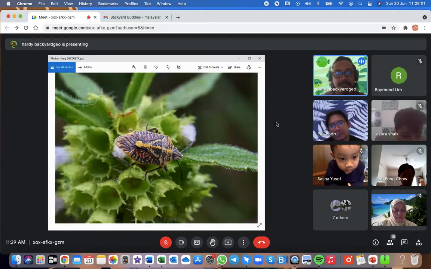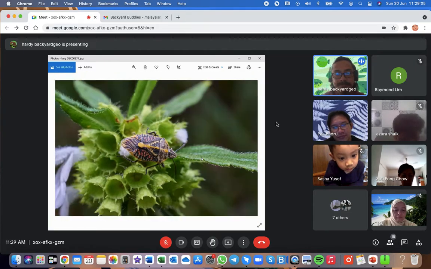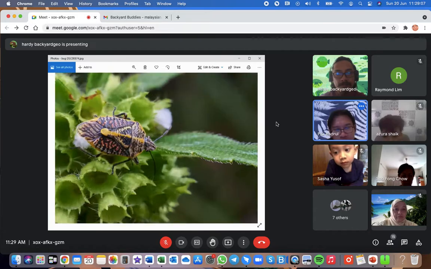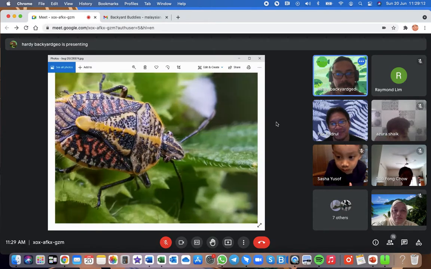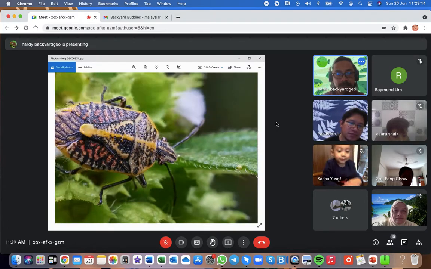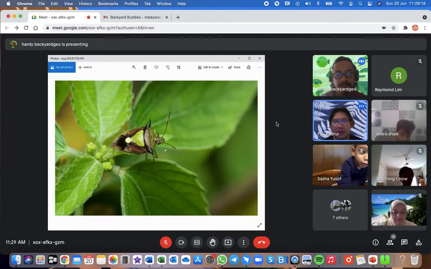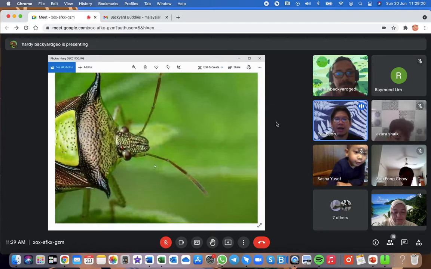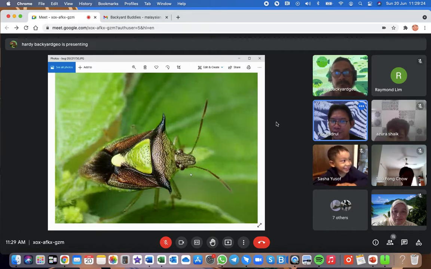Any feature that we can see to determine that it's a stink bug, Uncle? If you look at the mouth part, you can see. You cannot see it clearly from this photo. Next one. But I want to ask whether stink bugs are friend or foe.